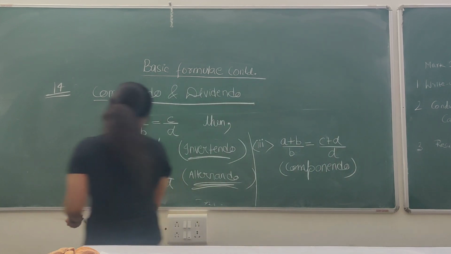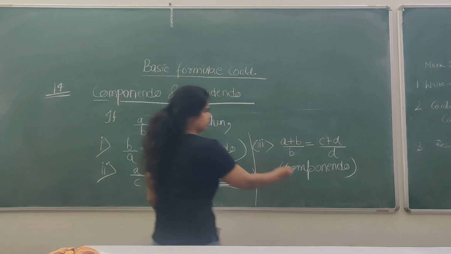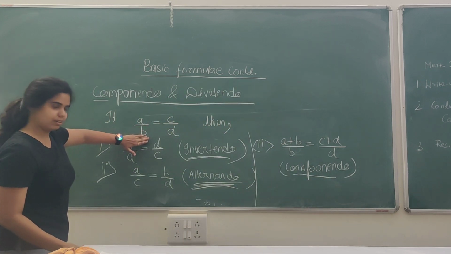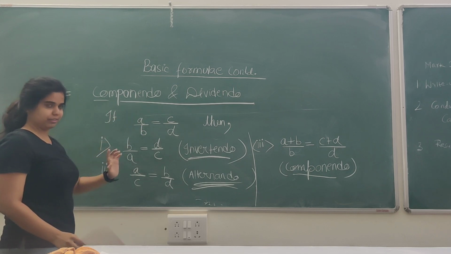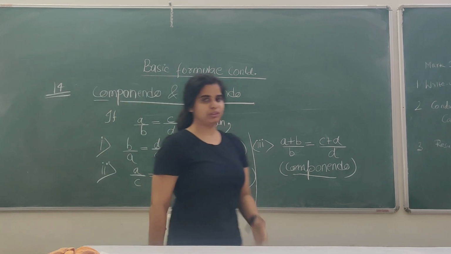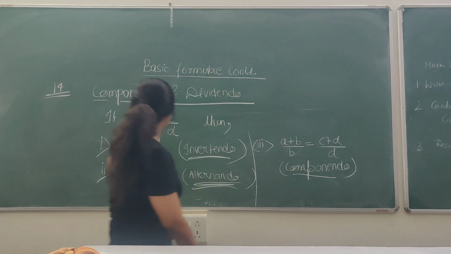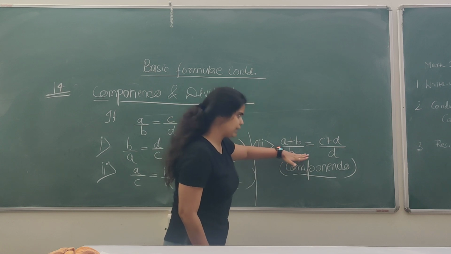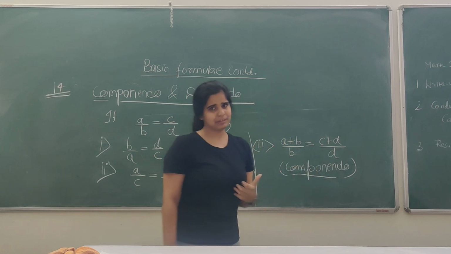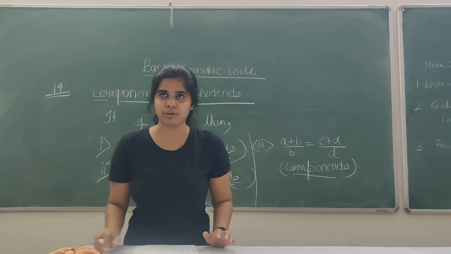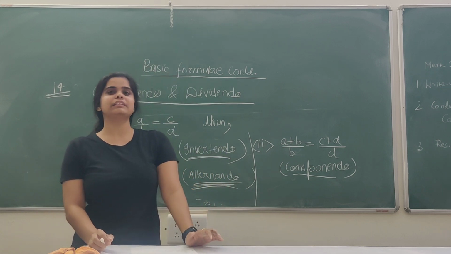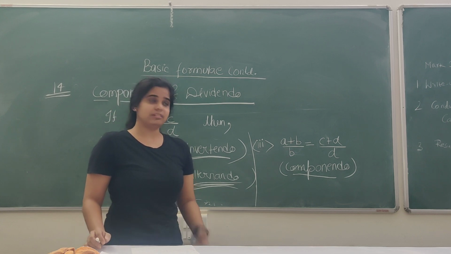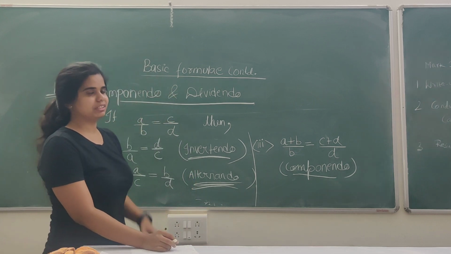We call it componendo. So if a by b equals c by d, you add the denominator to the numerator, on both sides. So a plus b upon b equals c plus d upon d. This is very important when it comes to sequence series applications.